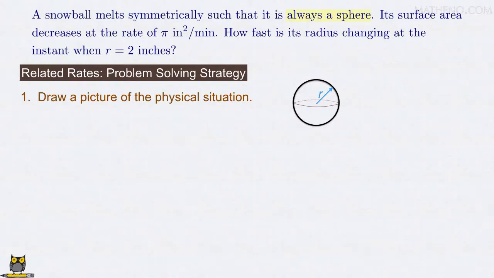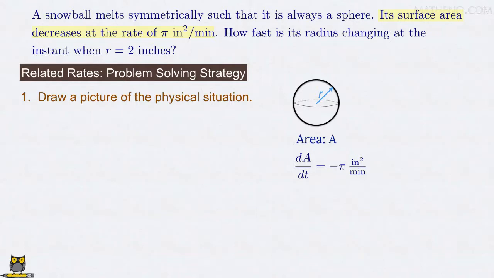The problem also tells us something about the sphere's surface area that we're going to call A. Specifically, we're told something about the rate at which the surface area decreases. That rate is dA/dt, the rate at which the area A changes with respect to time t. The problem states that that rate equals negative pi inches squared per minute.